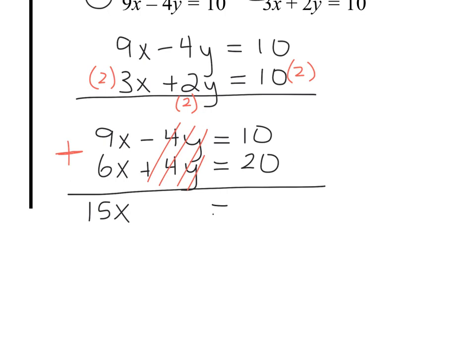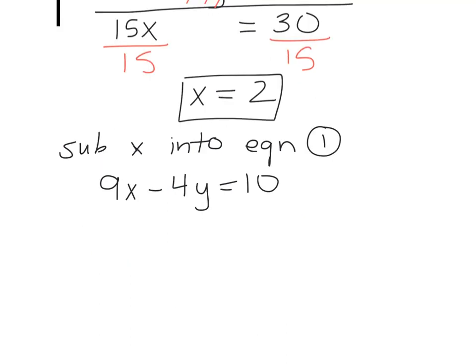Okay, I've got my equal sign, and then I have a positive 10 plus 20, which is 30. So I've got 15x equals 30. And to isolate for x, I'm going to divide both sides by 15. So that's going to leave me with x equals 2.